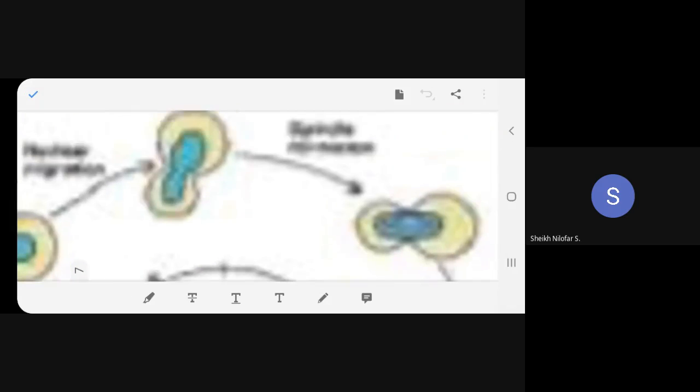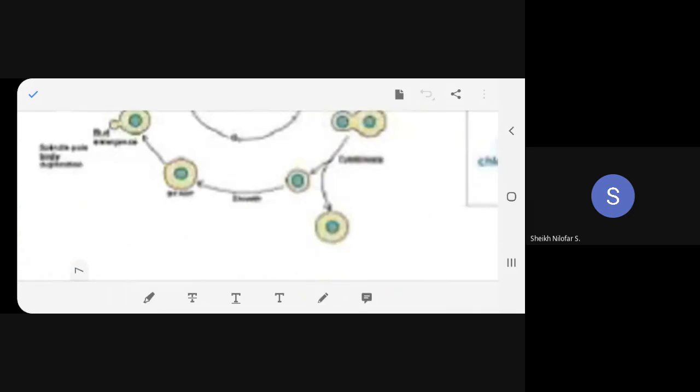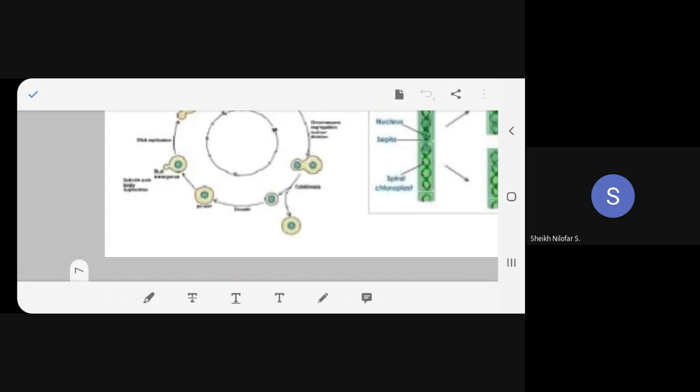Now this bud will separate and behave like an adult organism. It will break. One is this and one is the other one. So this is how they multiply, they grow, they develop. This is yeast and budding.